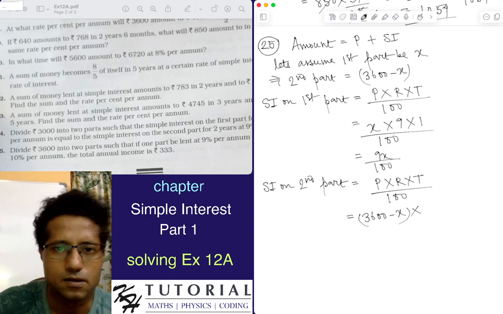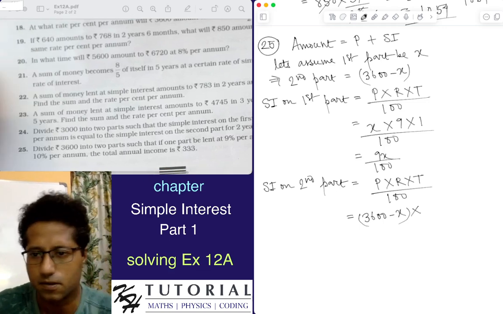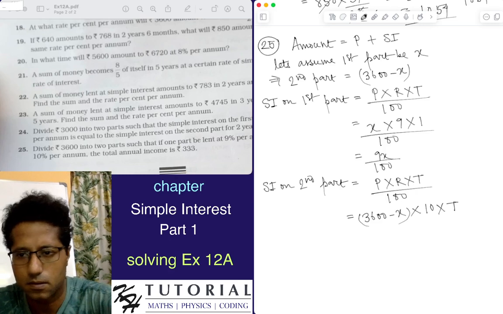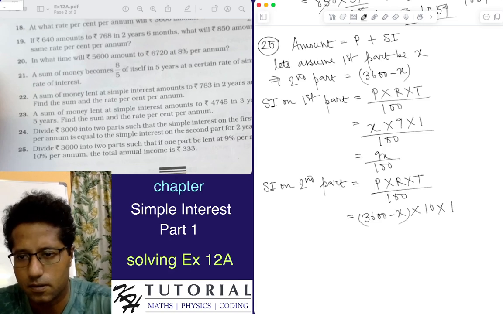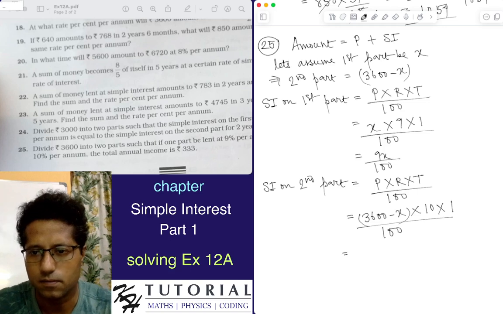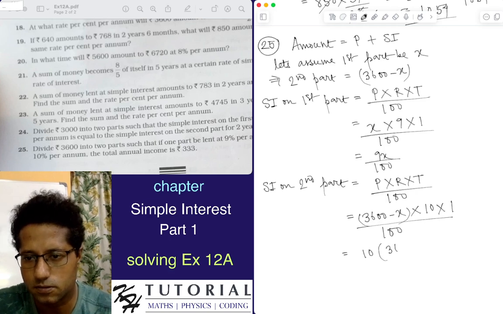R is given to be, and the other at 10% per annum. So R is 10 and T is 1. So this is 10 into 3600 minus x by 100.